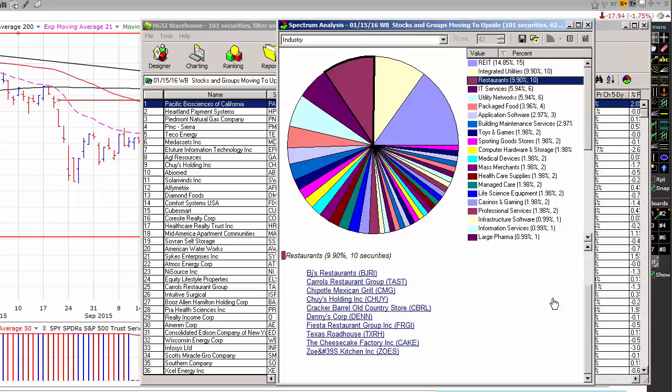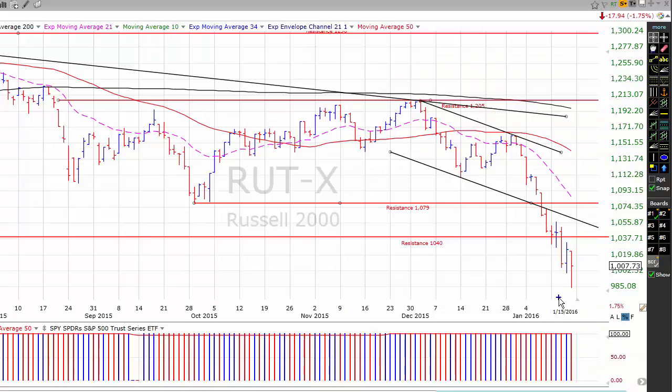Let's get started today by taking a look at the Russell 2000. As you know, I've been saying recently that the Russell 2000 is the key to this market going forward. The Russell's been in this downtrend since way back in July. The downtrend got more severe here in this area as we set up this channel, and then we undercut this channel line. The Russell's been extremely weak and has been a good indicator of where this market's headed.